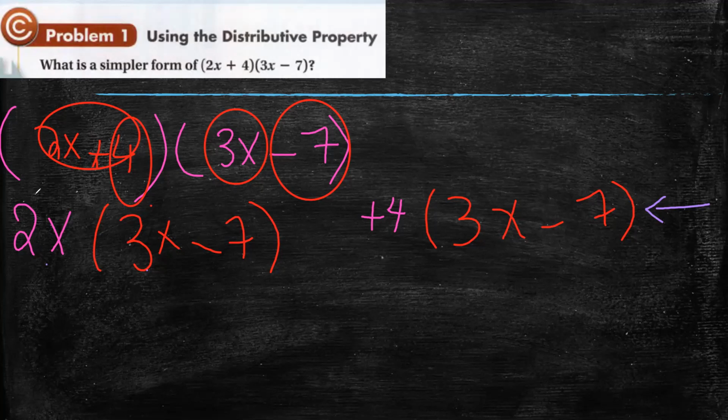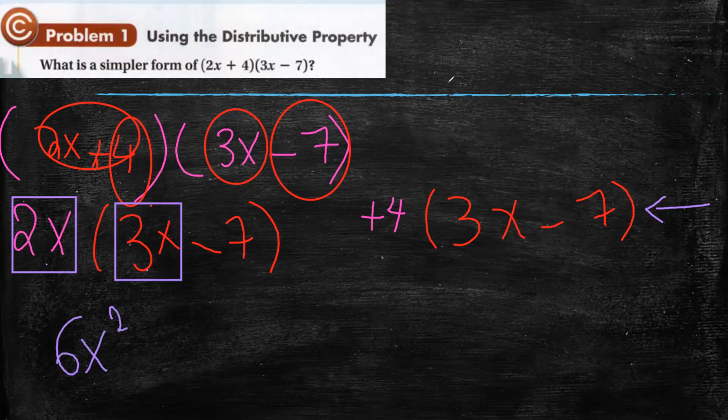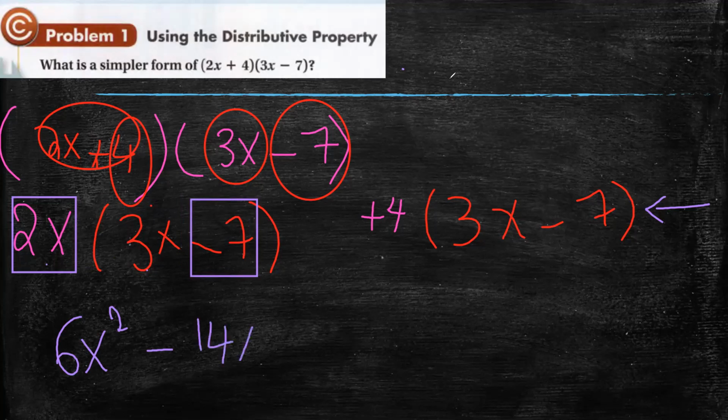Multiplying 2x with 3x gives 6x squared. Then 2x with negative 7 gives negative 14x. This is the first one.